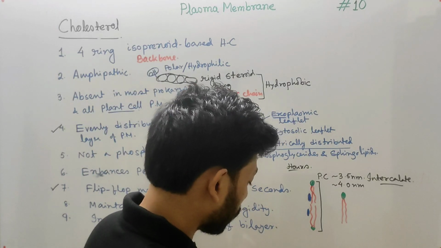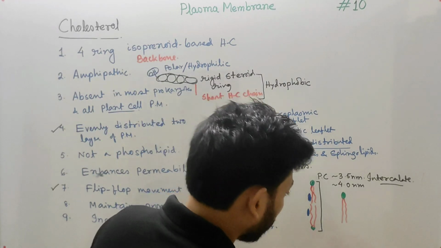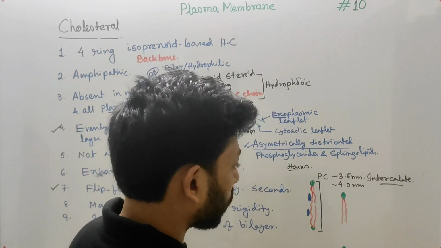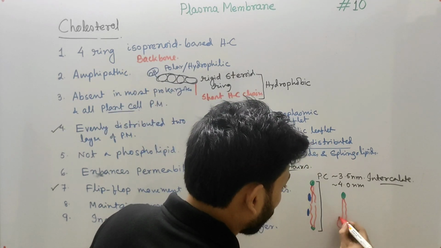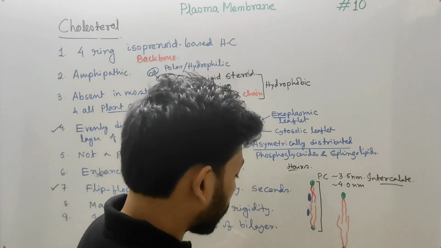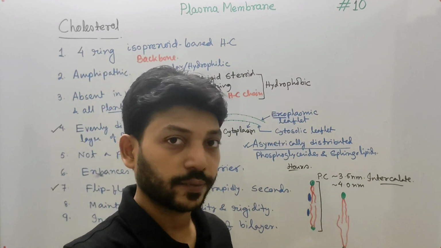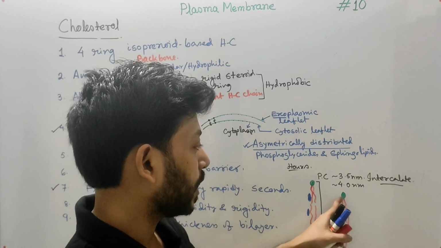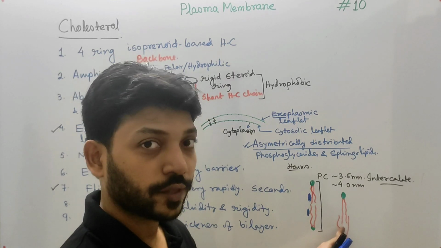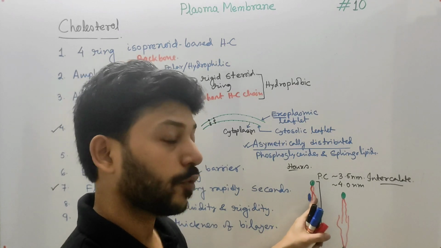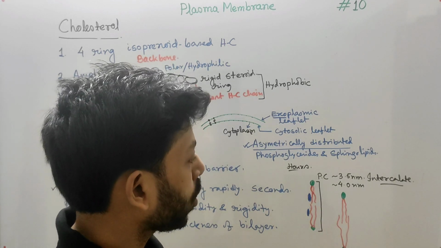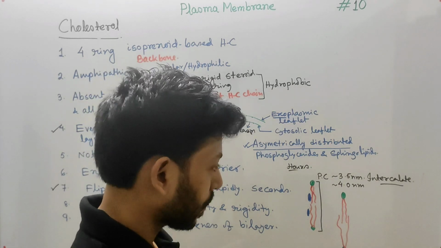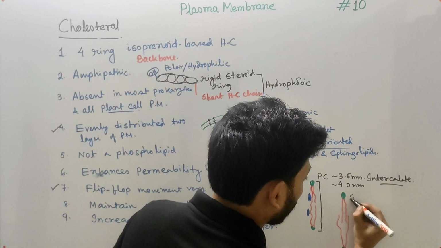So if two sphingomyelin layers are present in the bilayer, the sphingomyelin fatty acid is longer than in the phosphoglycerides. The length of the fatty acids, the number of carbon atoms, is more than in phosphatidylcholine or other phosphoglycerides. So it is more stable, or more ordered, you can say.